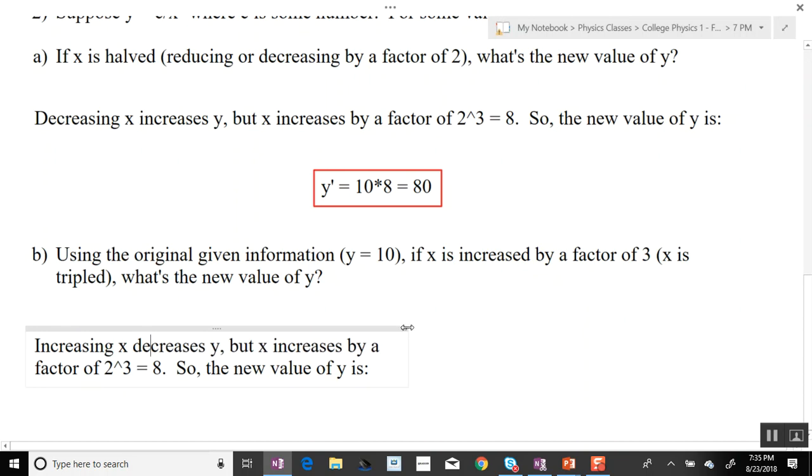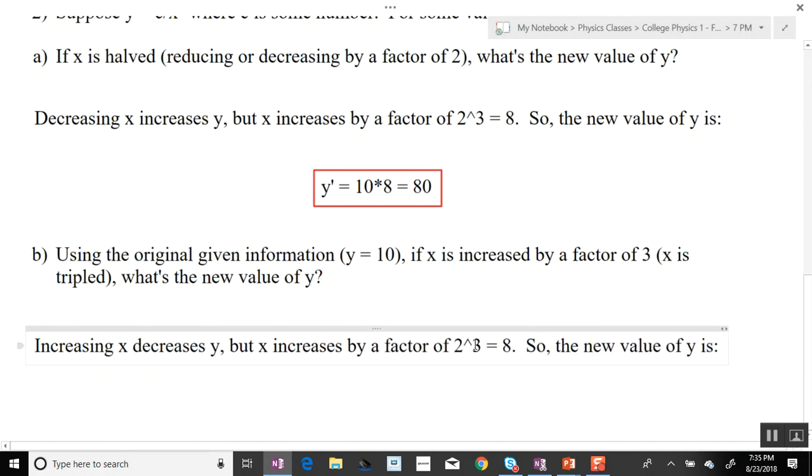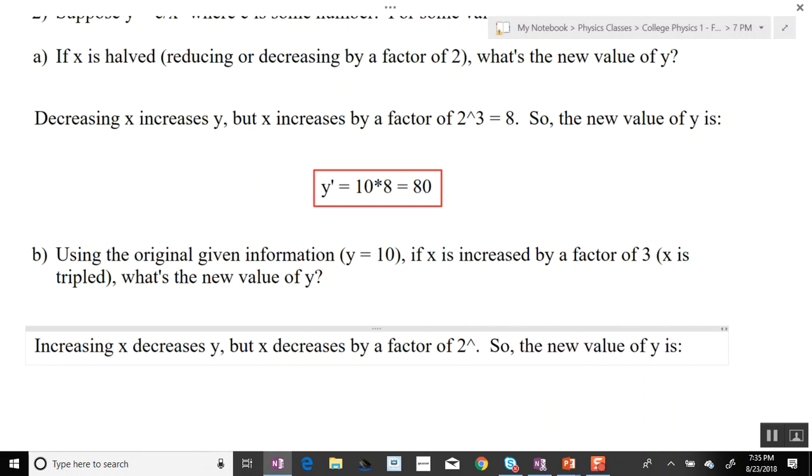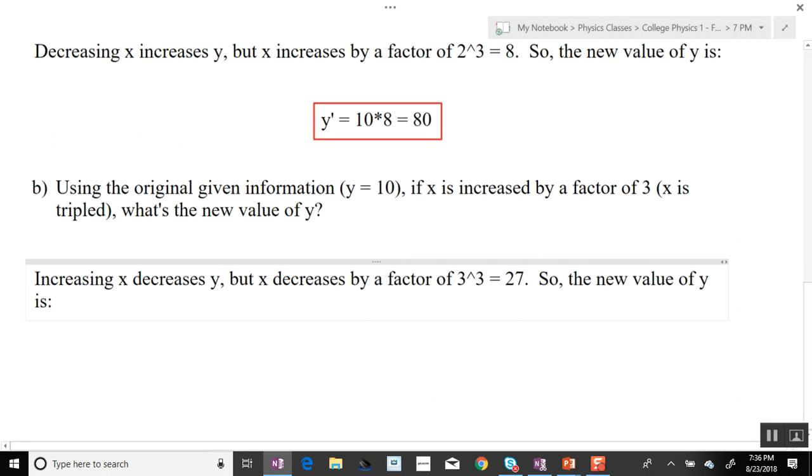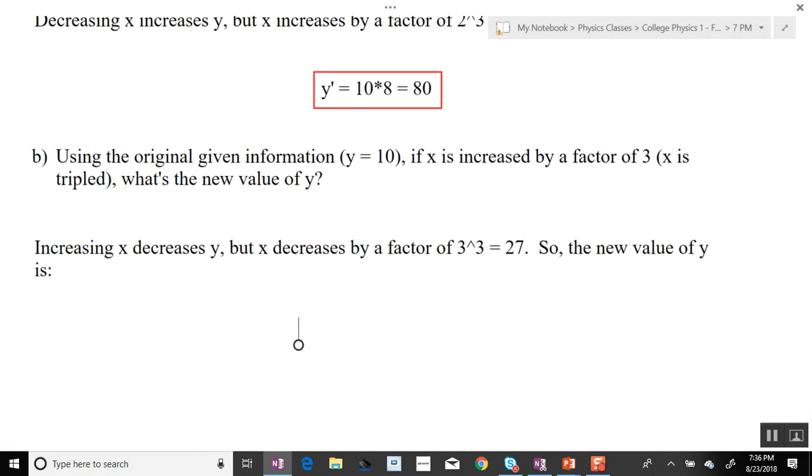But y decreases by a factor of, so what's the factor again? One more time. 3 cubed, right? Which is 27, right? So decrease by 27. So decreasing, of course, means you divide, right? So what would the new value of y be? Yeah, right.